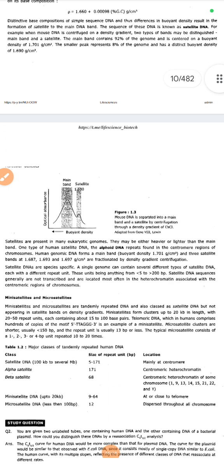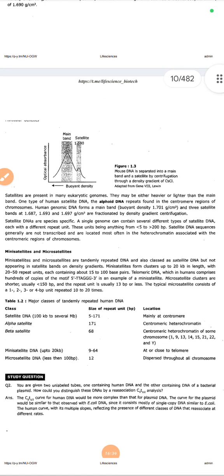You can see the graph of buoyant density. Most mouse DNA is separated into the main band and the satellite band by centrifugation through a CsCl density gradient, and you can see that the satellite band has a quite lower buoyant density than the main band.